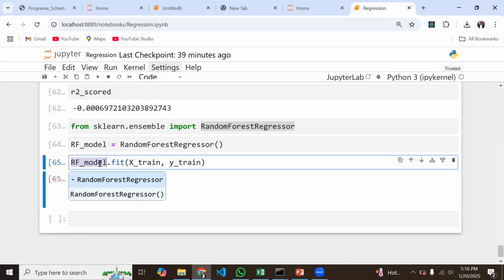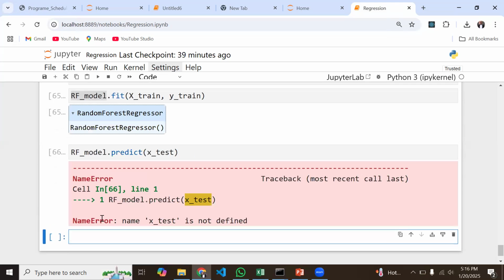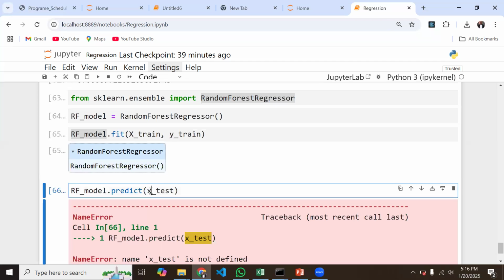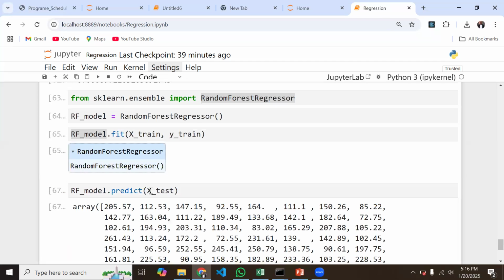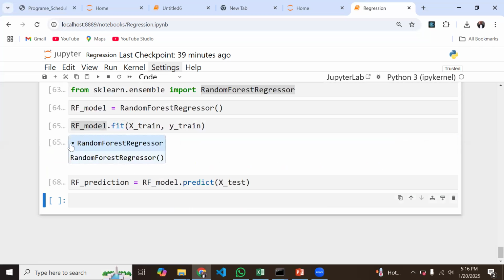Okay, so we can now do a prediction. I can do this dot predict, and then we want to pass in the X test. Sorry, it is capital X. All right, so now let's save this in a variable, let's say RF underscore prediction is going to be equal to this.